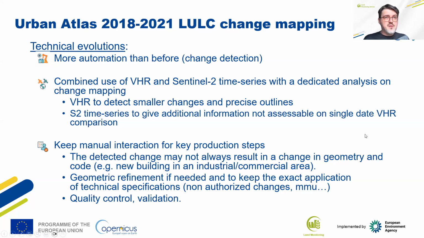We have, for example, some unauthorized changes and minimum mapping units that differ between the change layer and status layers. Manual and visual analysis are also still essential regarding quality control, validation, deliverable preparation, and so on. Next slide, please.